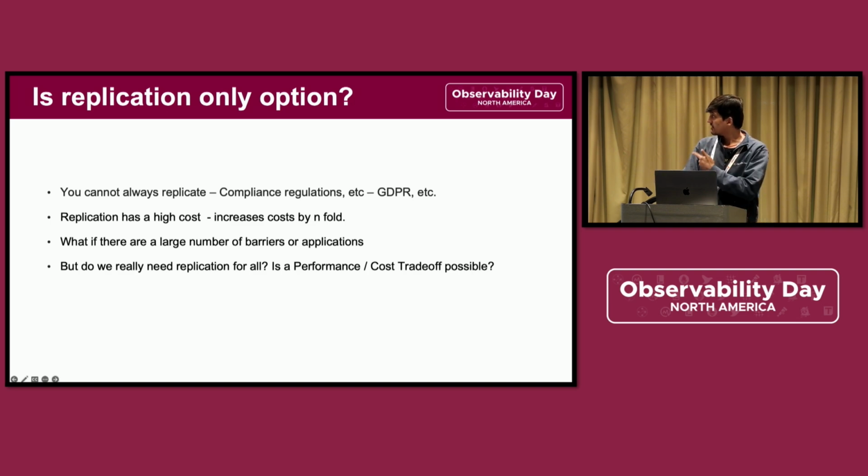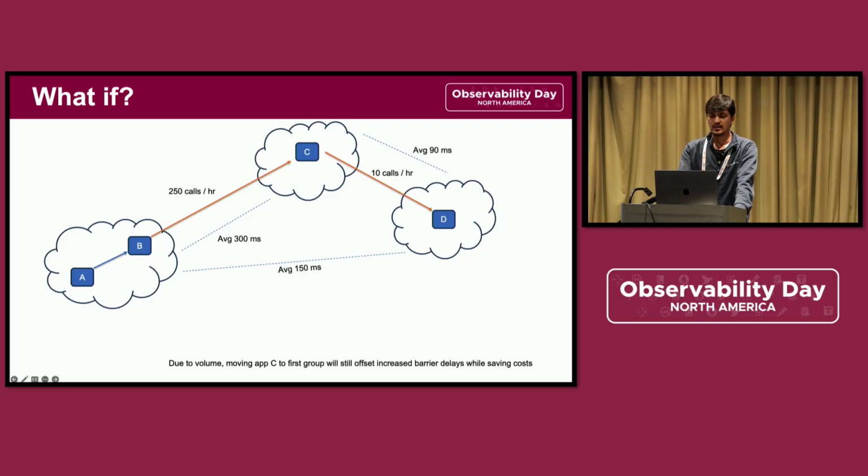So actually we can. Let's take an example here where we have 3 distinct network groups and interactions are like this. So if you observe closely, in this case, we also have the volume of calls over, let's say, an hour.